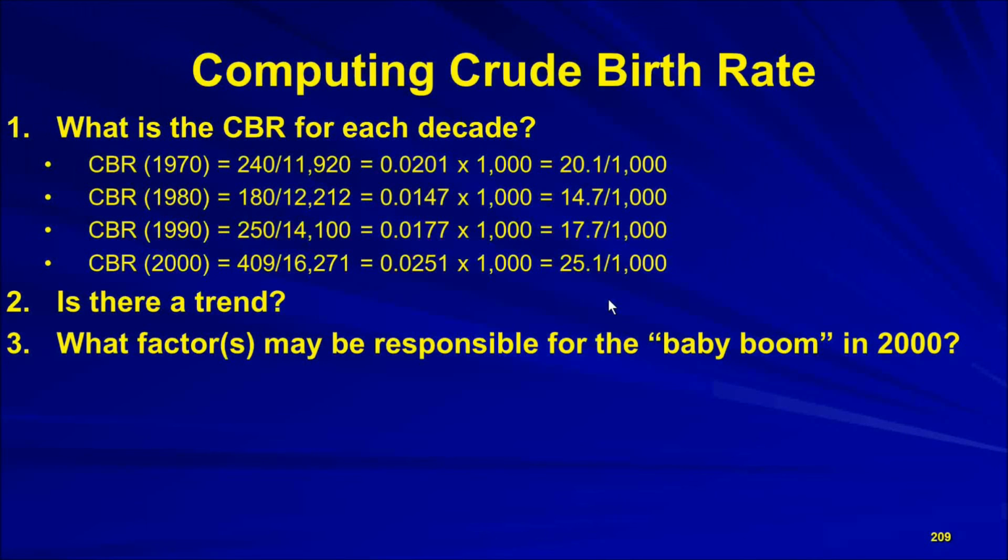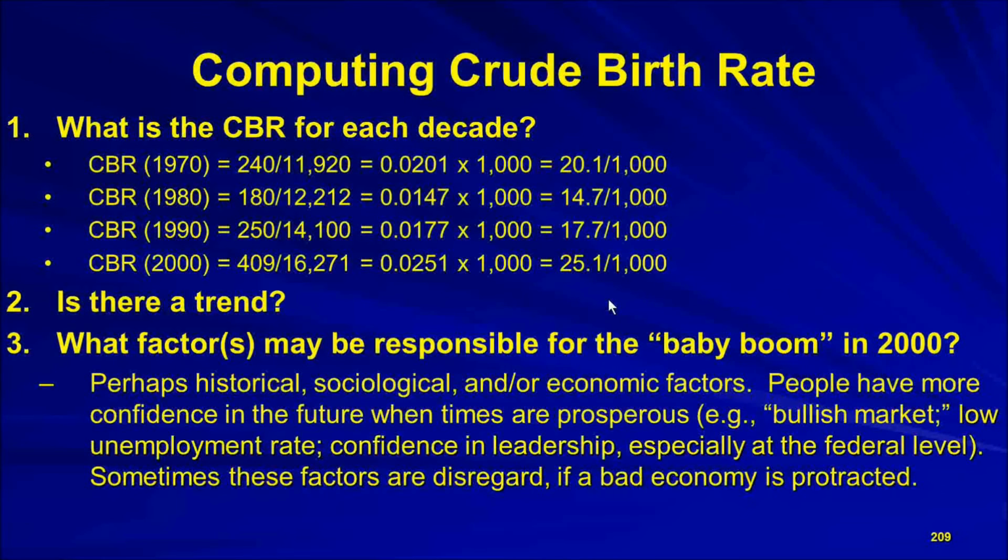But I did want to mention that in the 80s, unemployment was significantly high, and that's one of the factors that we attribute to the reduction in childbirth. Okay, so this will help summarize what I've said.